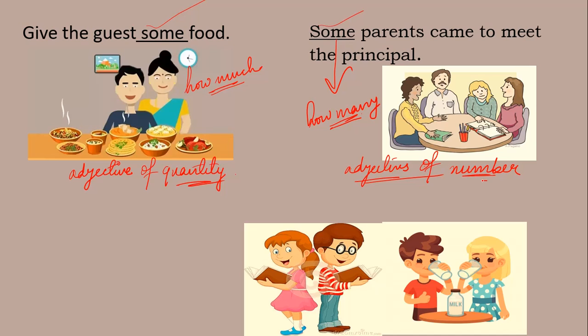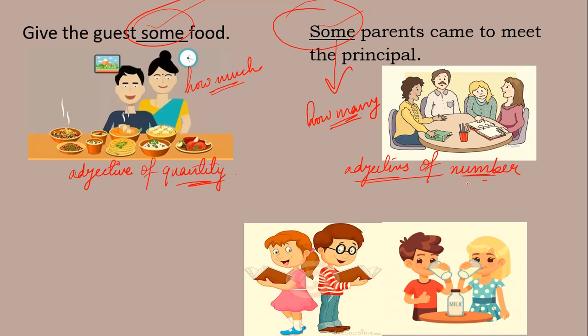Now it means that the same word some can be used as an adjective of quantity and also adjective of number depending upon the way that we use it. We learned in our previous classes of nouns that nouns can be countable or uncountable.